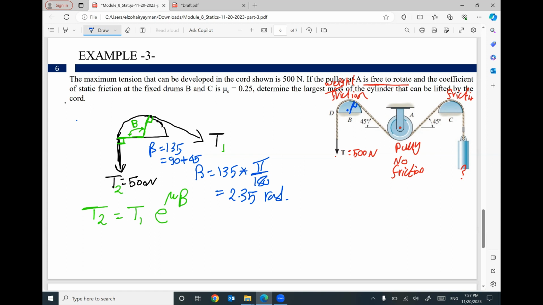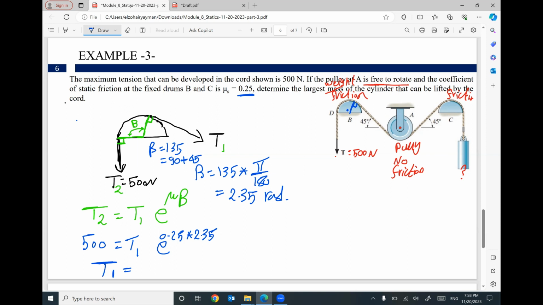Go ahead and put your numbers. This is 500 equal T1 times e to the power 0.25 times 2.35. I can find out the value of T1 will be less than 500.